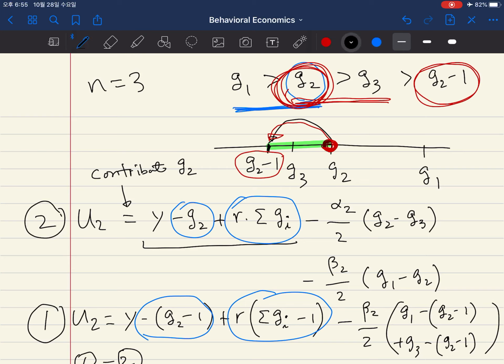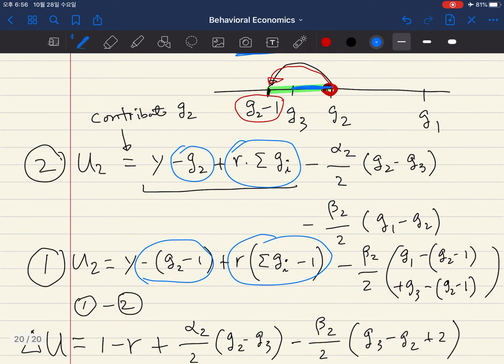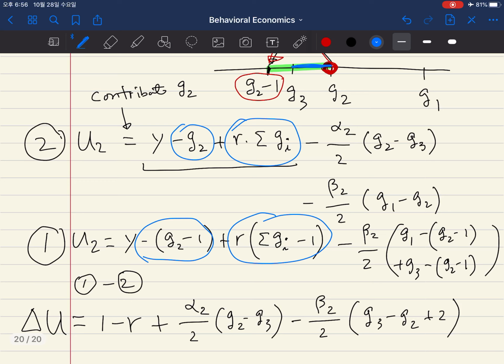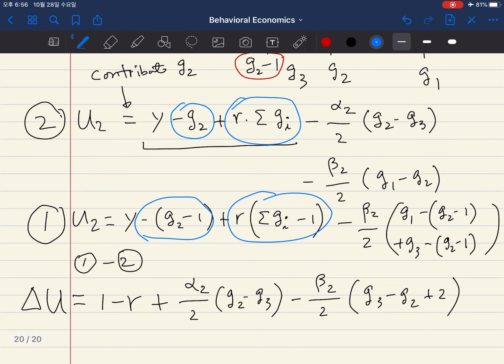Therefore, it means in this example, the distance between G2 and G3 is less than 1. So the distance between G3 and G2 is less than 1.